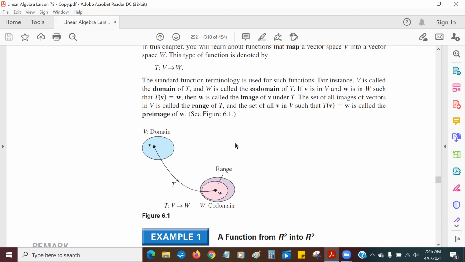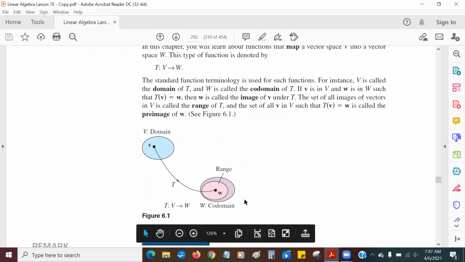Another thing is that the functions we've always dealt with in a typical algebra class have the domain and the codomain in kind of the same world. Usually the domain is real numbers and the codomain is real numbers, and the range is some subset of those real numbers. Well, here, the domain is vectors from a vector space V. The codomain is vectors from a vector space W, and these might be two totally different vector spaces.